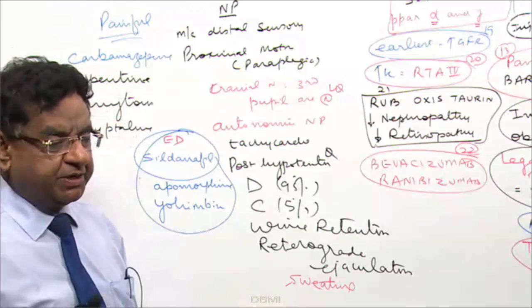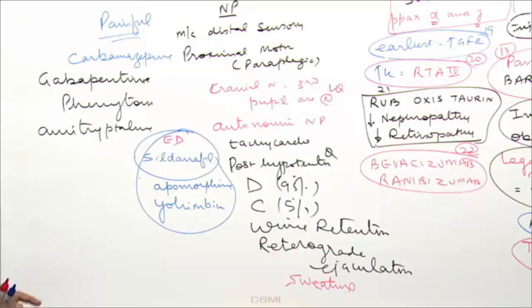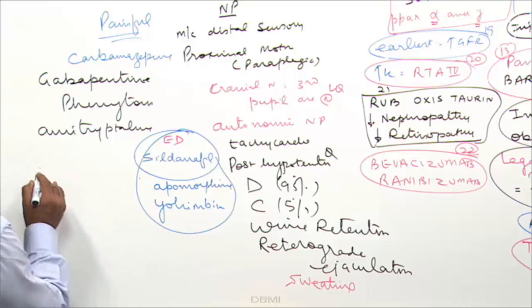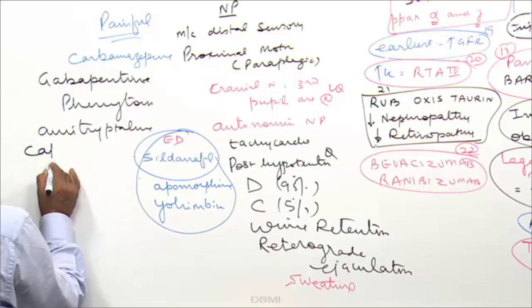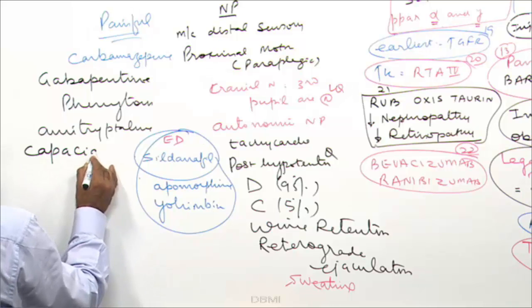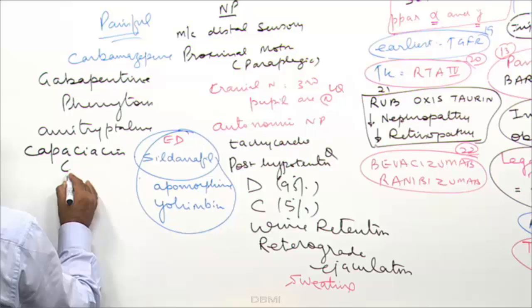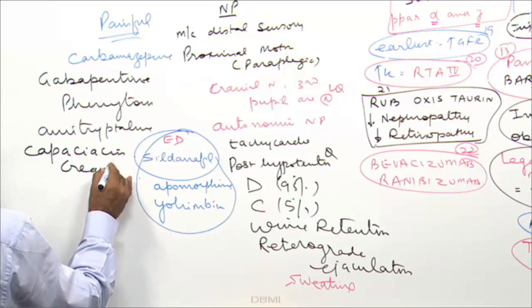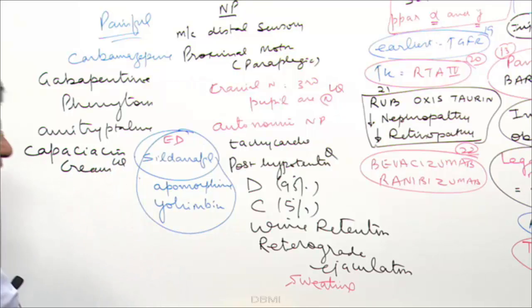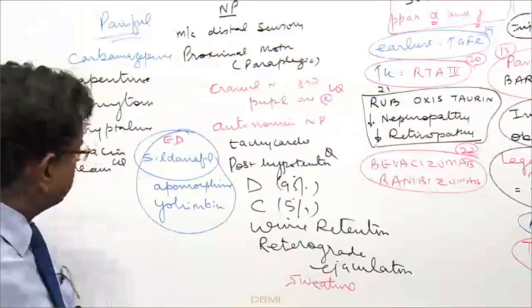A new drug has been introduced. First you note down these drugs. So in painful neuropathy: carbamazepine, gabapentin, phenytoin, amitriptyline, and of course capsaicin cream. This is the latest question.